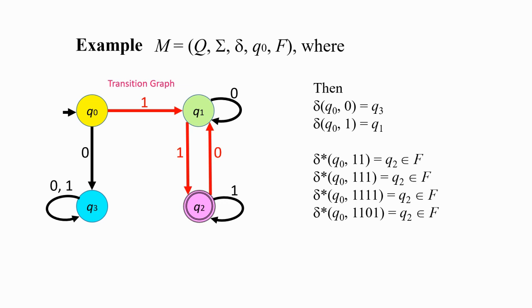Now Q2 is an element of F, so in this case there is only one final state. Q3 and Q1 are both not final states.